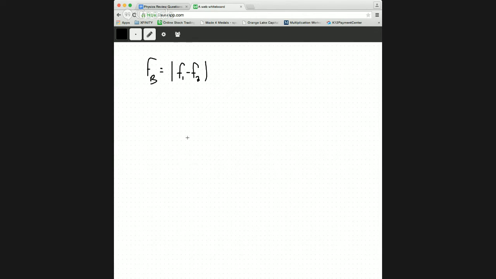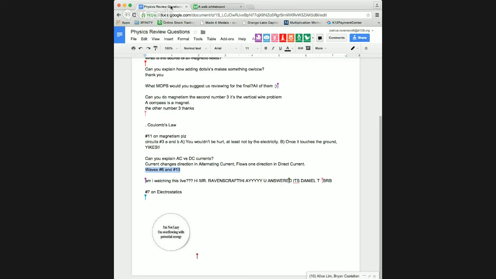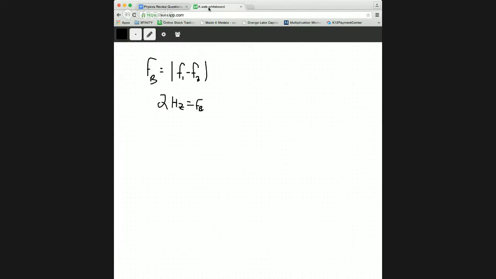So for number 16, if I have a 215 hertz frequency and a 217, then take the difference and we get 2 hertz. So that's the beat frequency. So that's number 16. The other one was number 6.